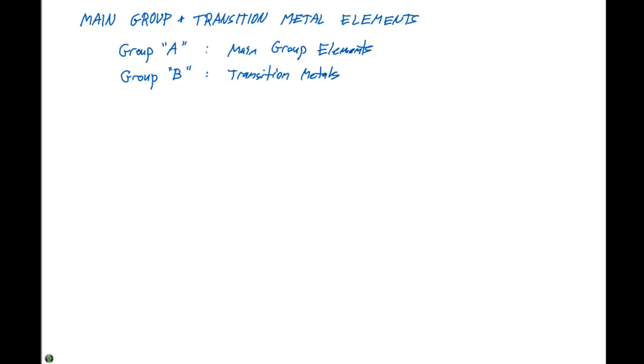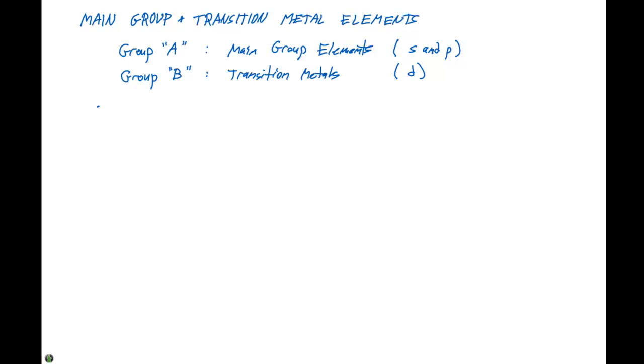The main difference between these elements is that Group A mainly focuses on the s and the p orbitals and the electrons contained in those orbitals, and the transition metals utilize the d orbitals. So since the bonding is mainly containing s and p in the main group elements and the d orbitals for the transition metals, we need to look at them a little bit differently.